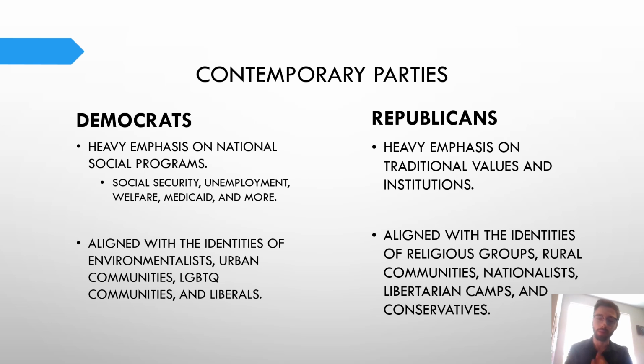So we see that is represented in a slightly different way, although you do see that foundation very evident in the contemporary Republican Party. Republicans often are aligned with religious groups, rural communities, think of the country, nationalist, libertarian camps. We see that very heavily represented in Montana and represent the traditional conservative values as we've discussed through Edmund Burke.